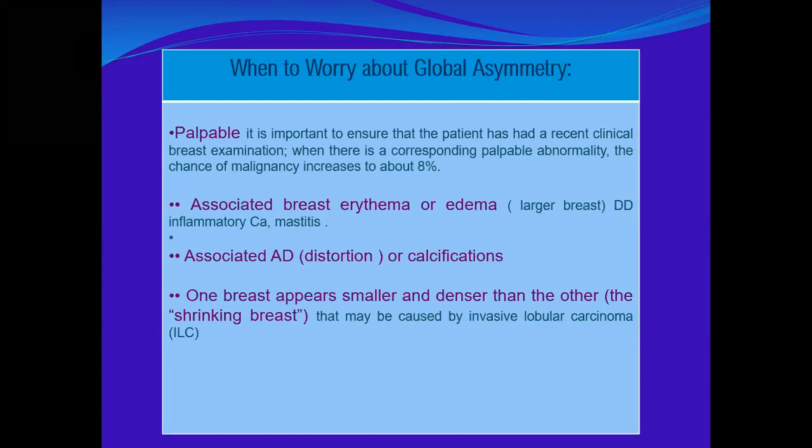So the infiltrative breast can be enlarged or it can shrink. Previously, in one of the lectures, maybe the second, I showed you one case of this shrinking breast with malignancy.